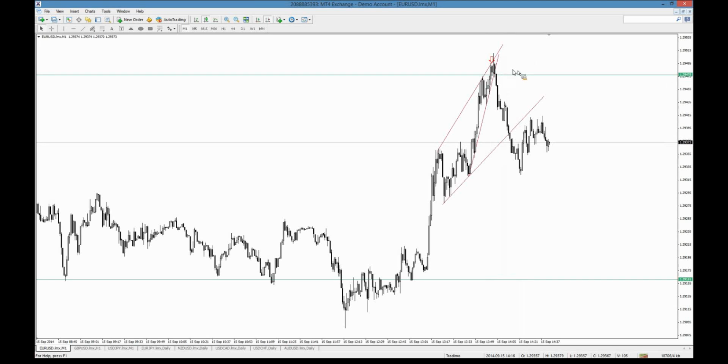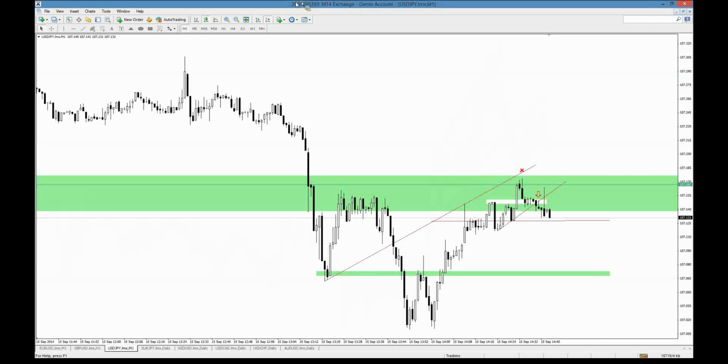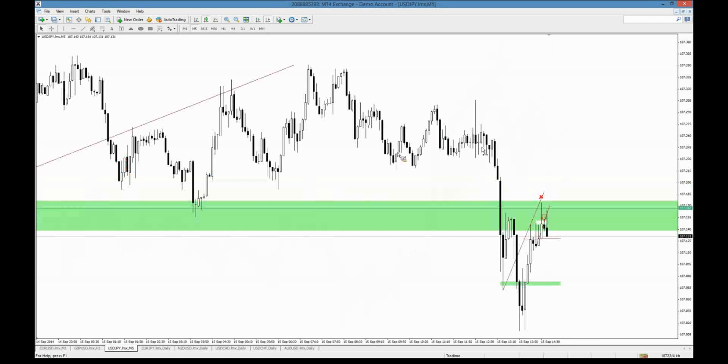So if you can enter on a break and a retest up here, for example, it's going to be better than trying to get in all the way down here, because price can quite easily come back on you for that retracement. Okay, so just keep that in mind. I would say, in terms of using these things, look at 5 minute candles.